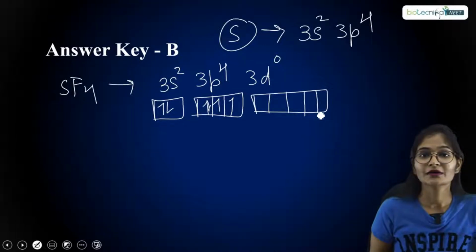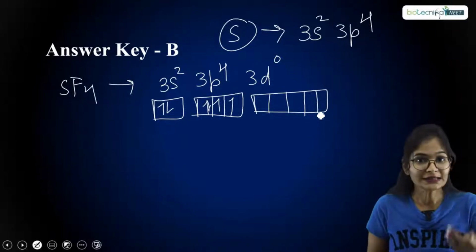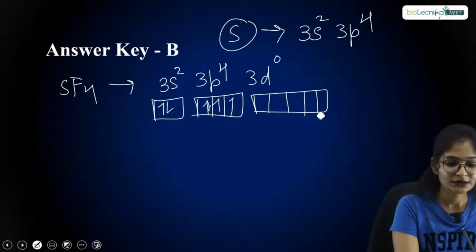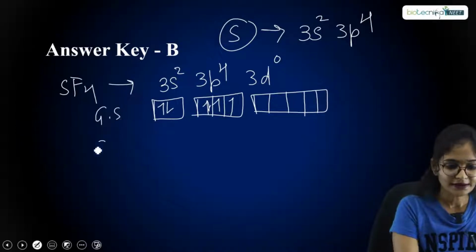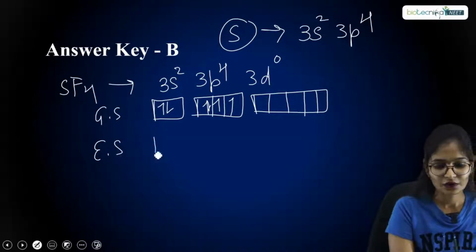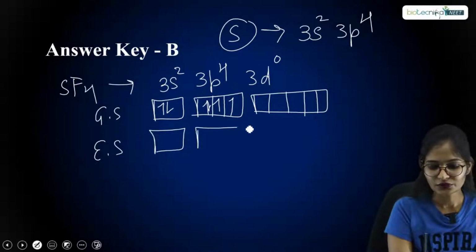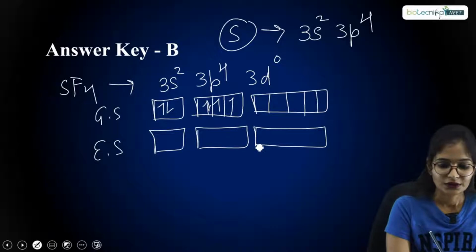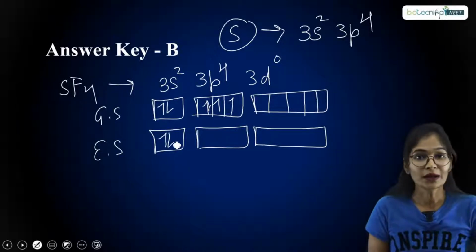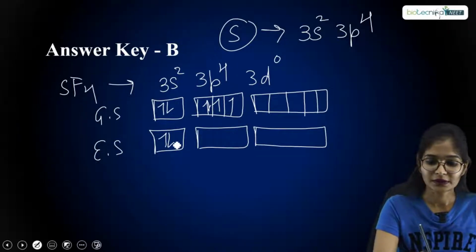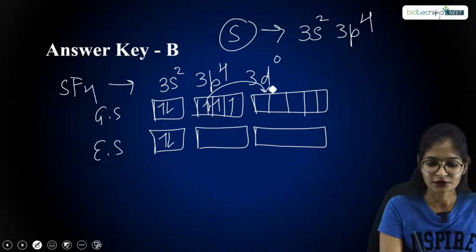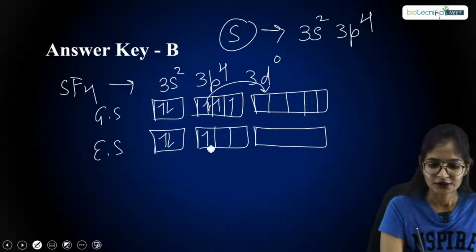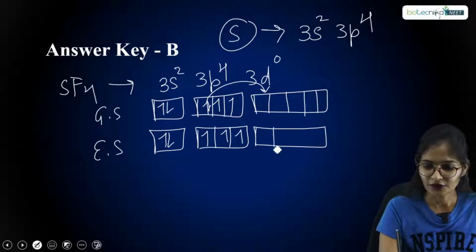I have considered d because in the next step, the excited state of sulfur, we keep 3s2 as it is, but one electron from the p orbital is excited to the d orbital. So now you have 3 electrons in p and 1 electron in d.